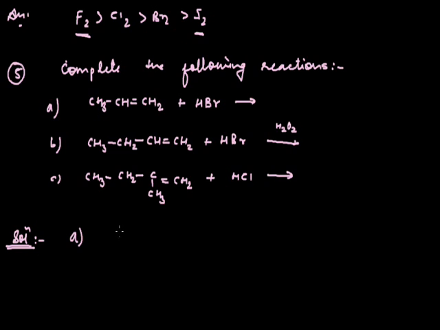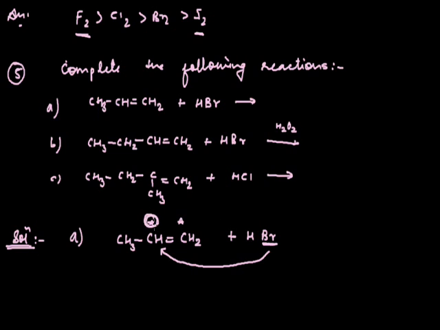In reaction A, there is addition of HBr, and this type of reaction is also known as hydrohalogenation. Here, CH3CH=CH2 is an asymmetrical alkene. For this type of addition, the negative part of the reagent, that is bromine, will go to the carbon which has fewer hydrogens. Here there are two carbons bonded together with a double bond.